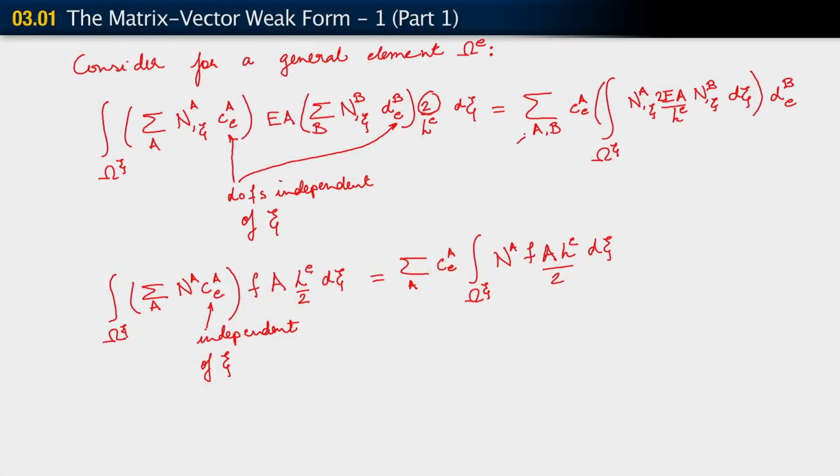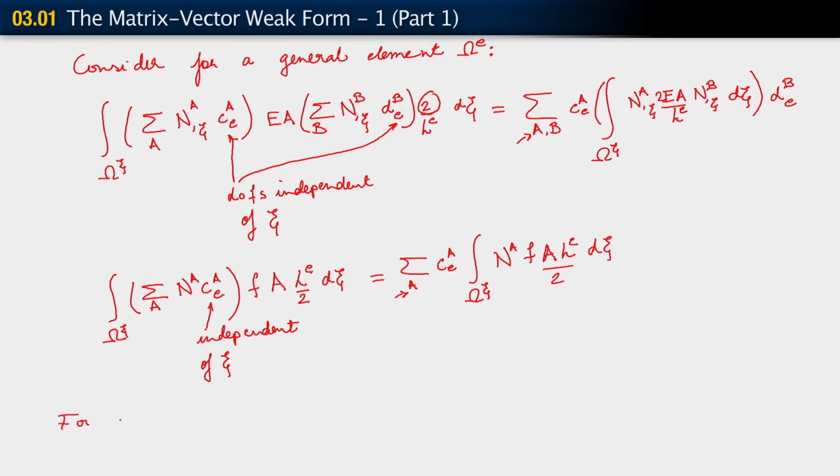And now observe that in the case of the first element, it's going to look very much like this, except that the sum over A will not be required, because A will take on only the value 2. Let me just recall this.